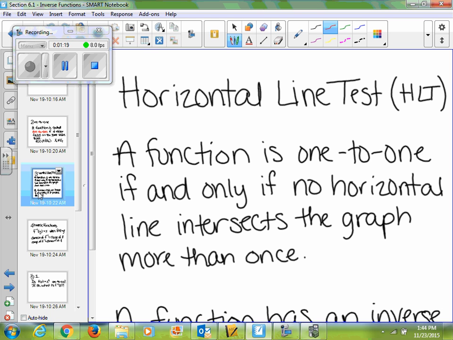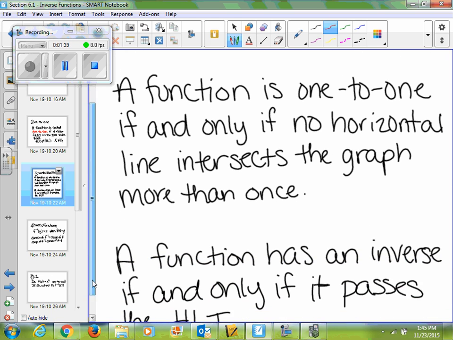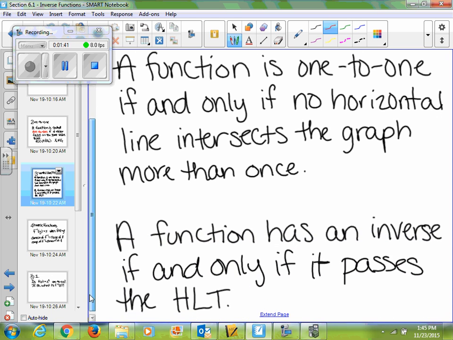So a function is one-to-one if and only if no horizontal line intersects the graph more than once. And then a function has an inverse if and only if it passes the horizontal line test.